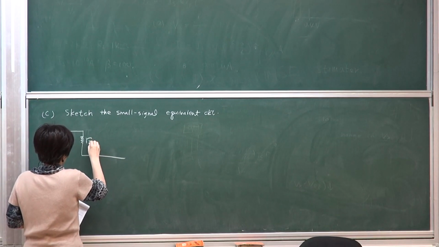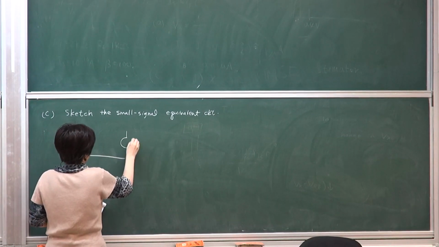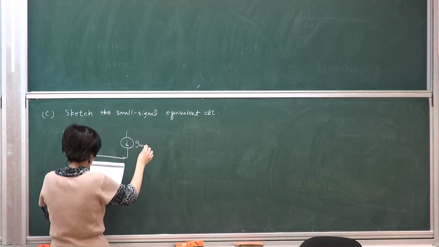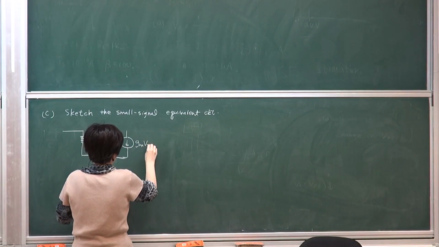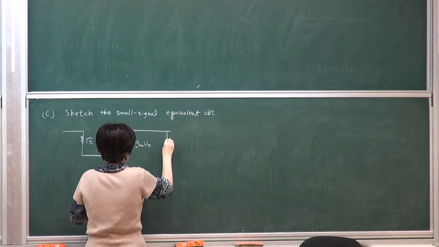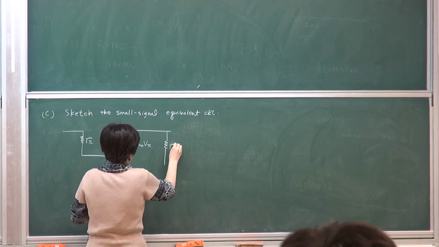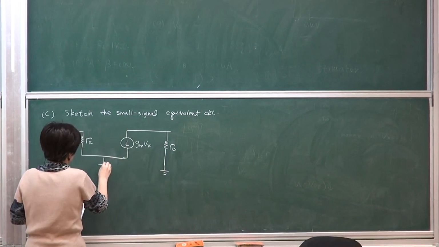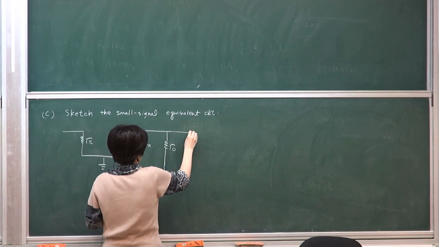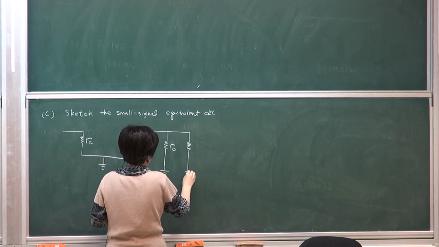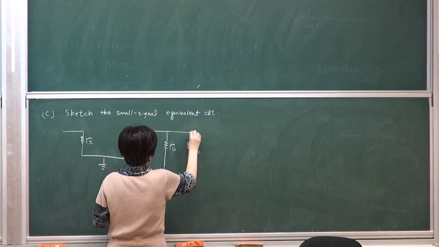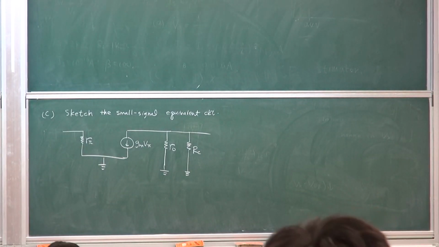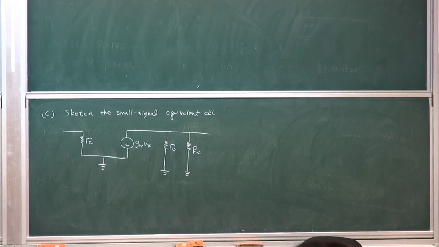This is R pi, gm V pi, this is RO, and this is ground, and you're connected to another RC. If I'm including that into my stage, this will be whatever is inside this box, right?